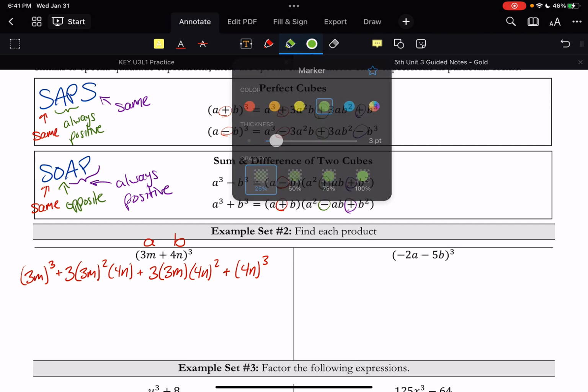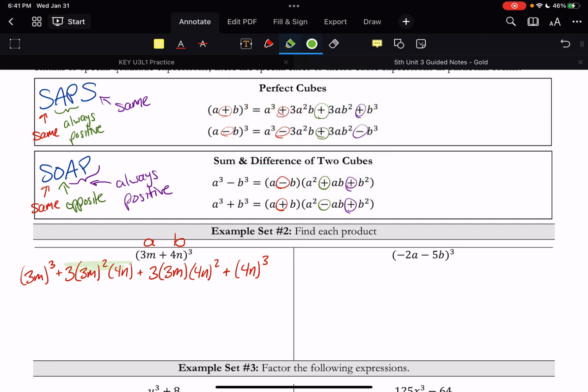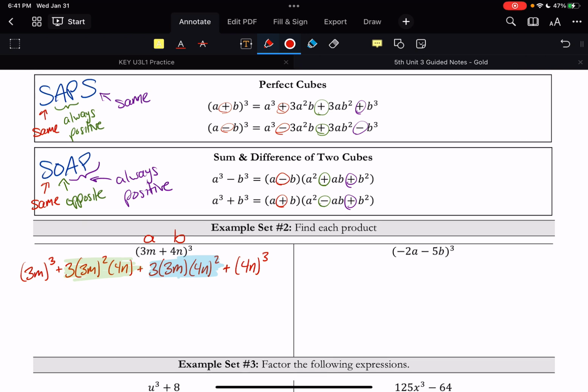And something that's important that confuses some people is that all of this multiplication that's happening in my middle two terms, it's important to remember that these are all one term. So you have to do all of the multiplication with what's been highlighted. And now we just simplify using the exponent properties that we already talked about.